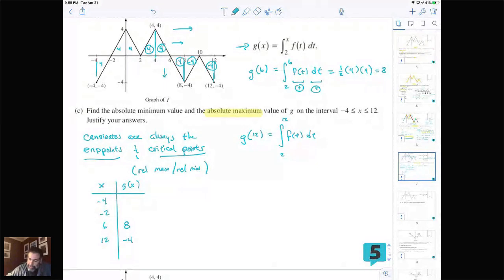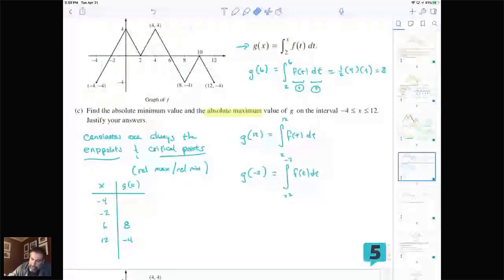When I go to do my next value, I'm going to do g of negative 2 in this case. That's going to be the integral from positive 2 to negative 2, and that's important, of f of t dt. When I go to do this one, let me reset my axes here. I am now starting at 2, but I am moving to the left.